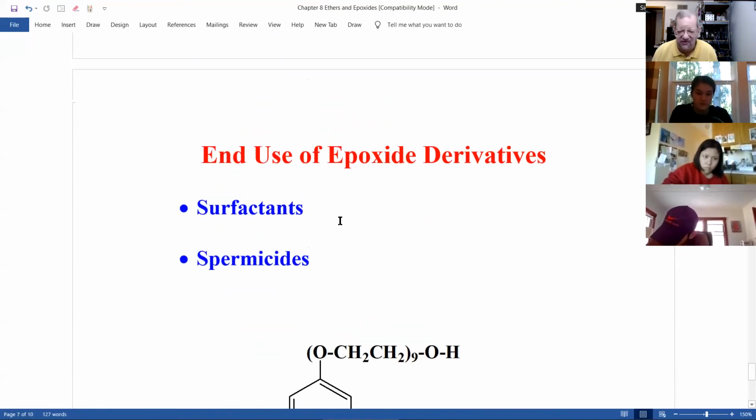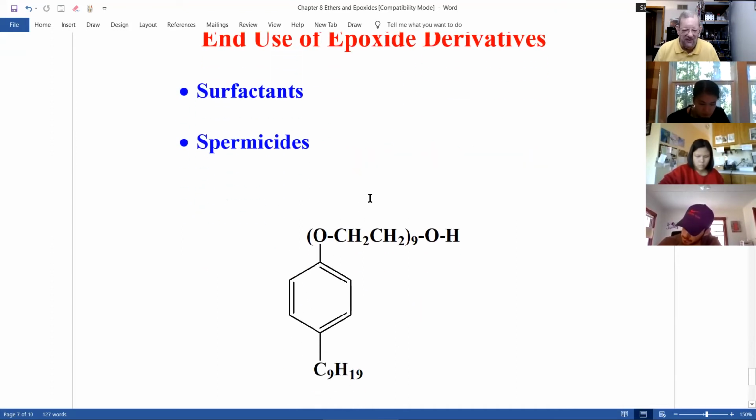Now, this is called a surfactant, and I'll talk more about surfactants. Surfactants are molecules that interact at the surfaces of 2 different things that normally wouldn't react or interact. And one of the uses for this molecule is a spermicide.